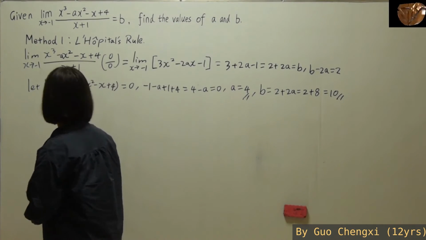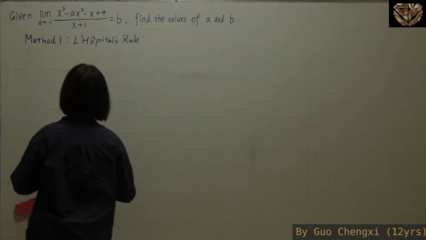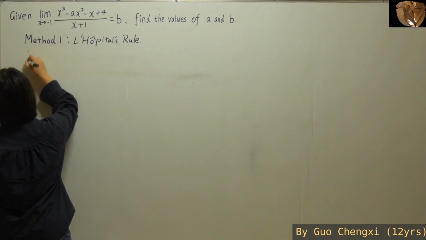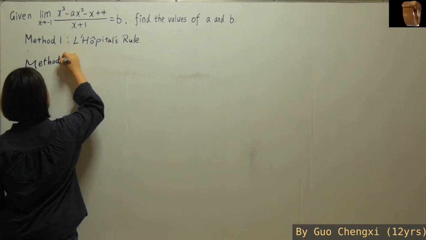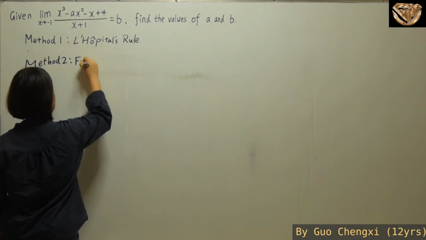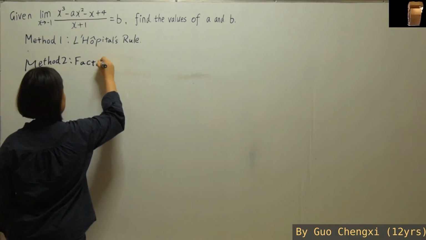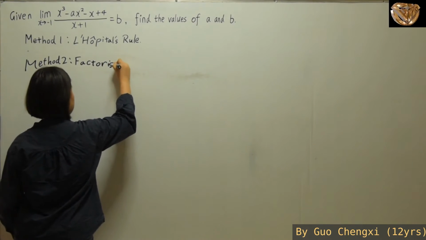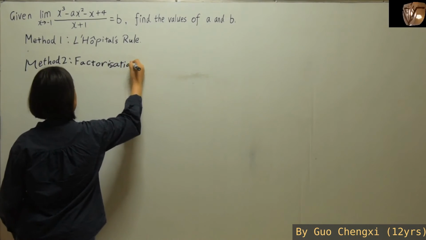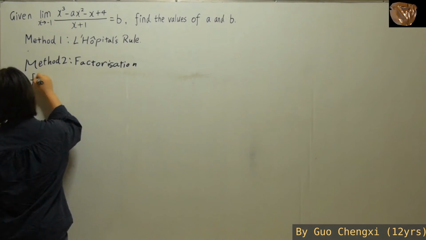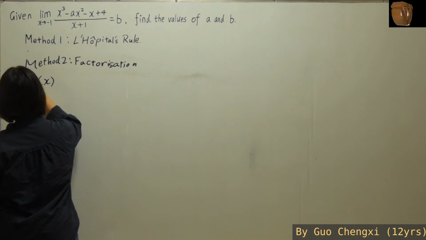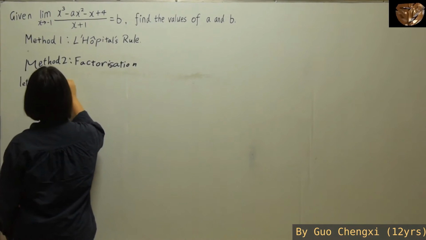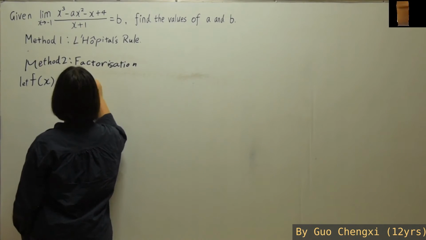Now moving on to our second method. Moving on to method 2, we'll be using the method of factorization. For factorization, we let f(x) be the numerator.